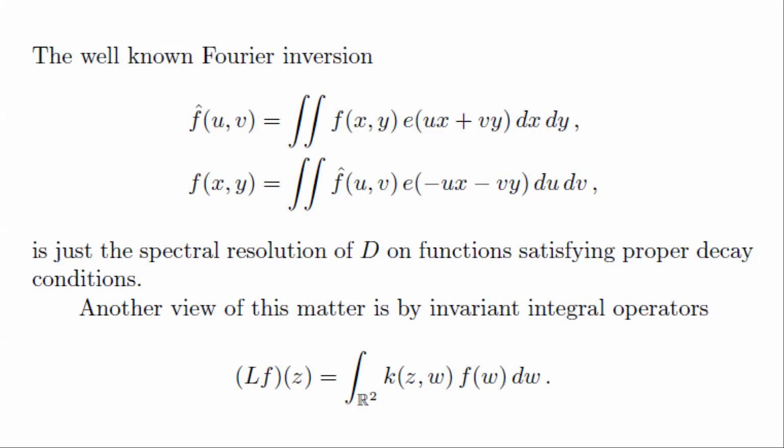All right, so one way to view what's going on is through a theory that's called invariant integral operators. So we have some operator L, and it has some kernel K, and we get a new function. So we have a map from functions to functions, and we integrate over all of R^2 K of Z, W times F of W dW.